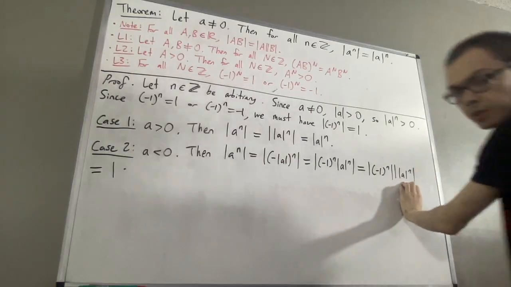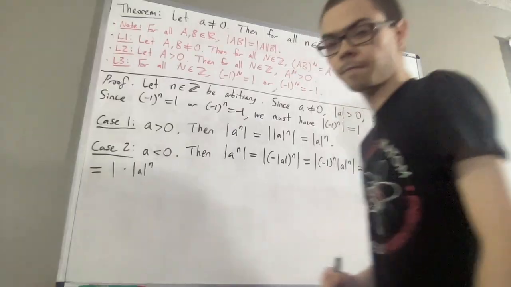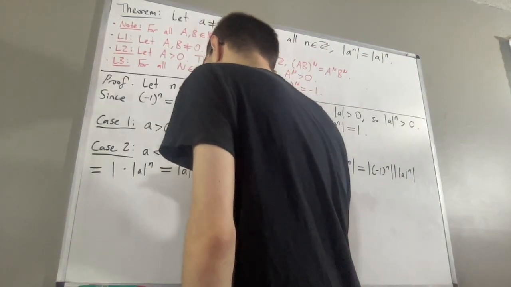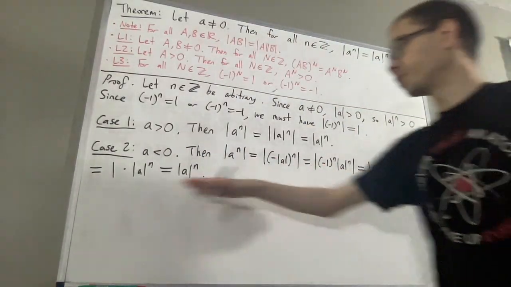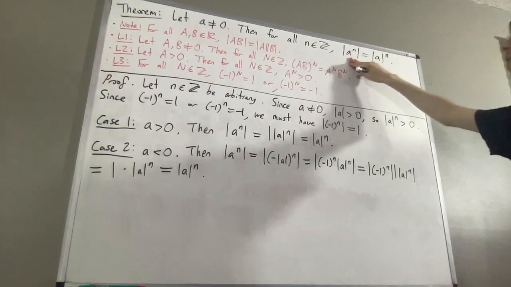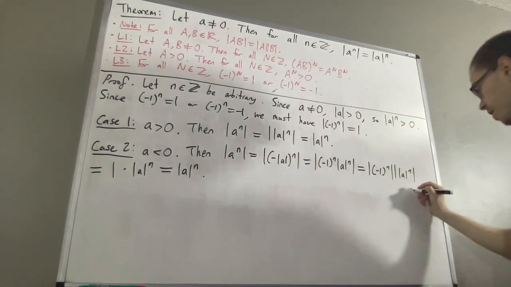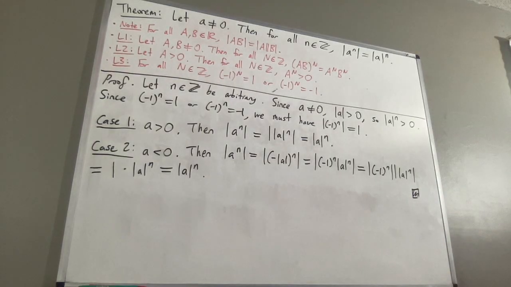So its absolute value must be the absolute value of a to the power of n. And that's precisely the absolute value of a to the power of n. That's it. Through this chain of equalities, we have once again shown that this equality is true. And that's it. This completes the proof. And so yeah, that's pretty much it for this video.